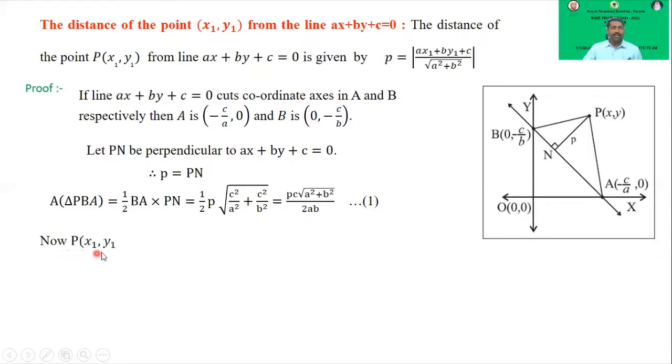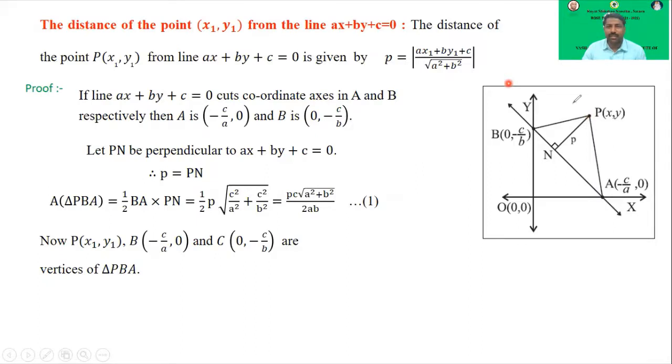Now P(x1, y1), A(-c/a, 0) and B(0, -c/b) are the vertices of triangle PBA. So these are the vertices of the triangle.